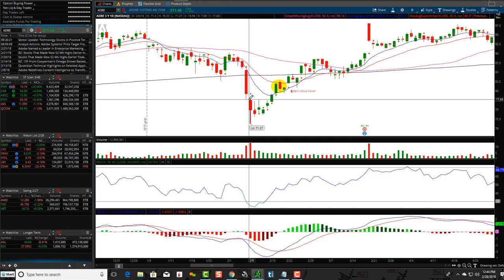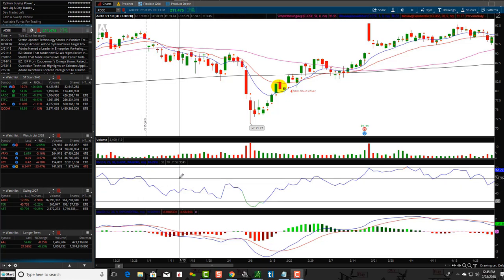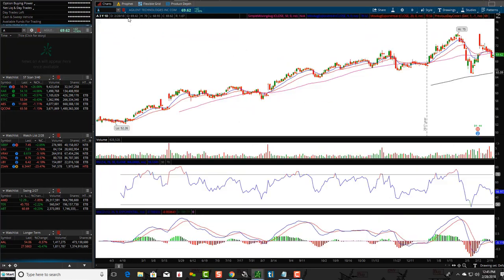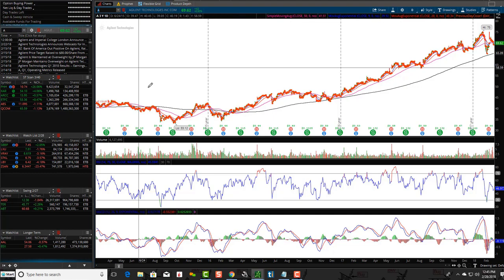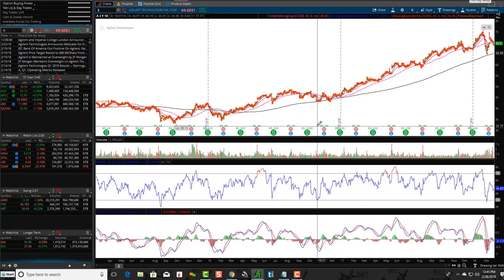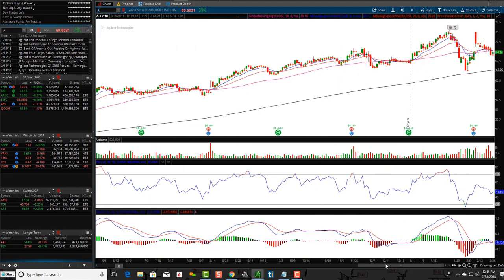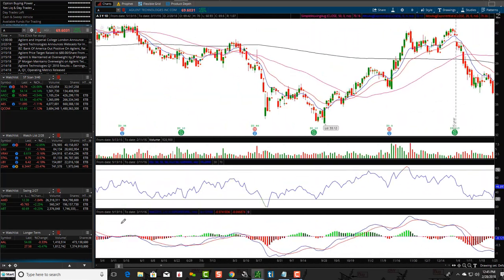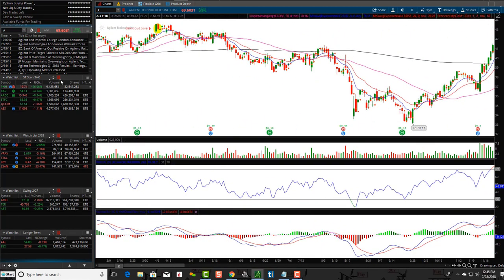It's very important to study them, see what these patterns do, look at several examples, and be aware of these patterns. In the stock market, nothing's ever 100%. Patterns are never 100%. Price will never do exactly what you want it to do. It always changes, so always be aware of what's happening.